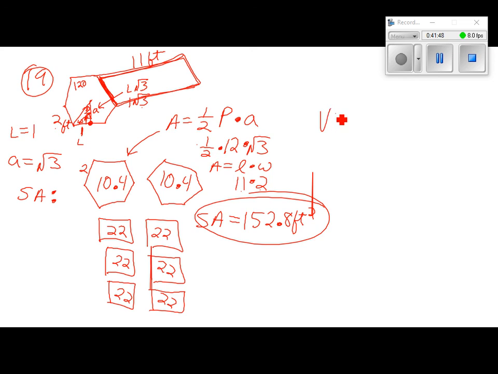Then for the volume, remember, look up the formula for the volume of a regular prism. I know it's on here somewhere.